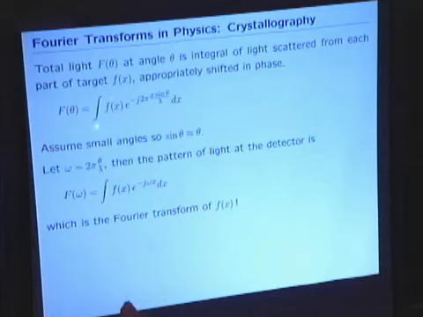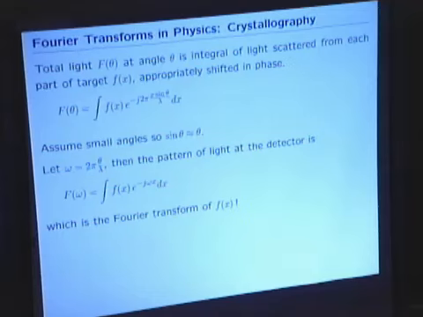So f of x represents how much light gets scattered as a function of x. X is the target. So this is integrating over how much light gets scattered at each x, and at a particular x, you get this phase delay. So there's a coherent sum then. And so you add up all of these complex numbers by the integral.